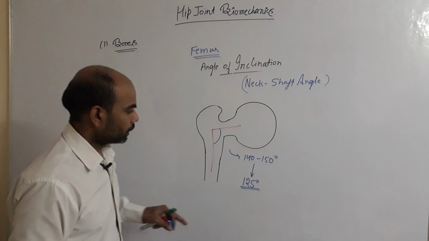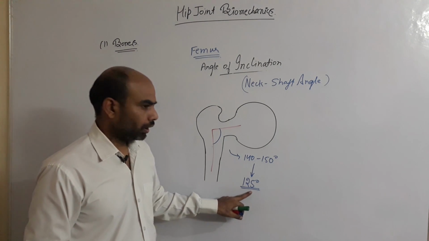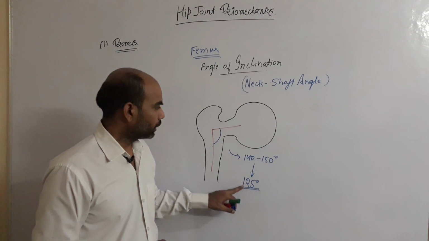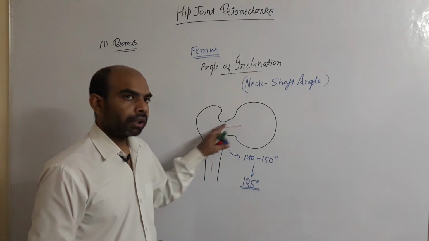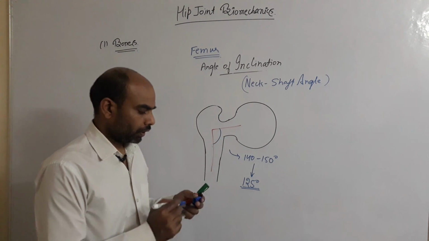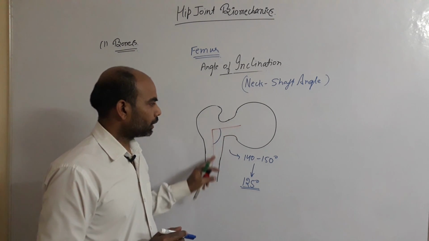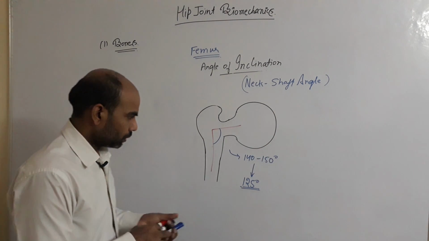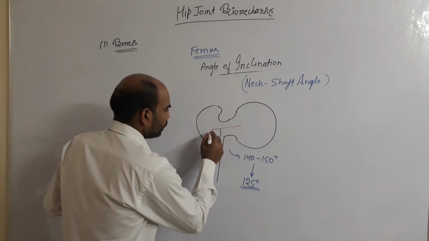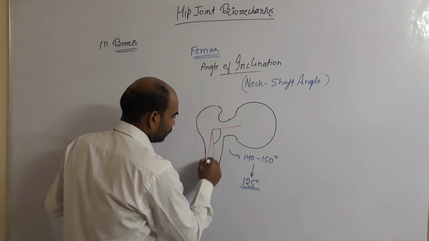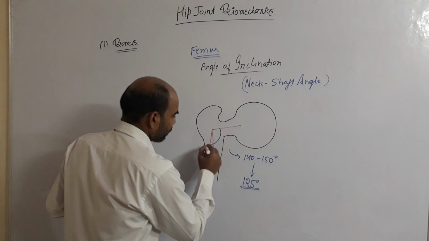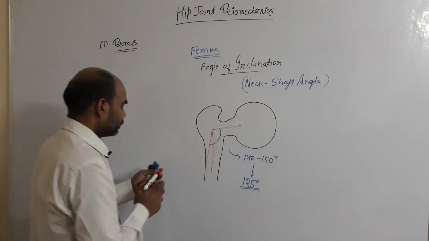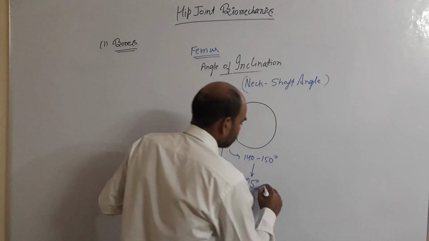If this angle of inclination is more than or less than 125 degrees, it changes the alignment of the neck and shaft, so the neck shaft angle is changed, and that changes the alignment of the whole hip joint.